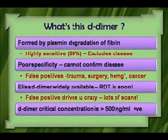What is this D-dimer? Whenever there is a clot that is formed inside the vein due to DVT, that clot gets dissolved by the action of plasmin, and the clot is degraded by the plasmin, and the degradation products of fibrin are detectable in the blood, and one such product is the D-dimer. What is the utility of D-dimer?